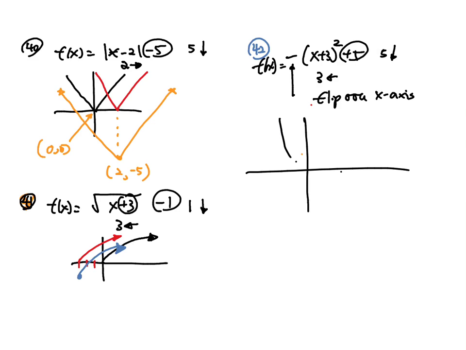So start out with x squared, 3 to the left, 1, 2, 3. Flip over, and 5 down. So then 1, 2, 3, 4, 5. So my graph's down here.